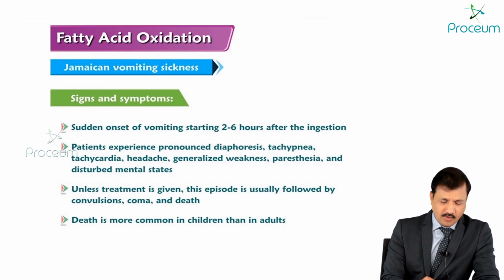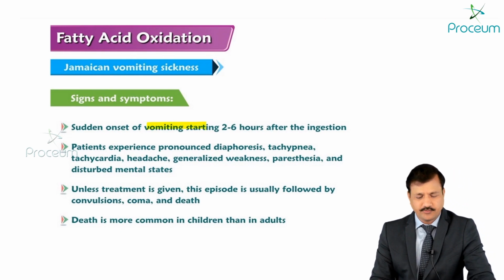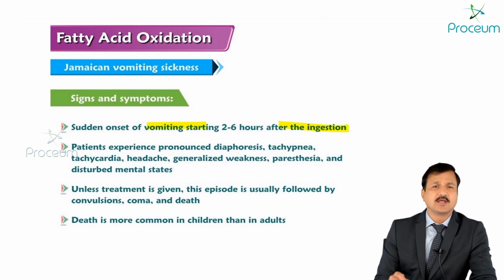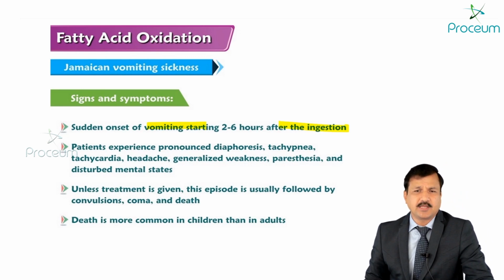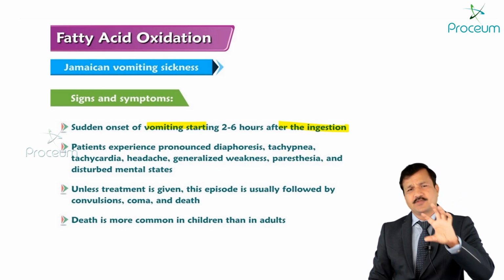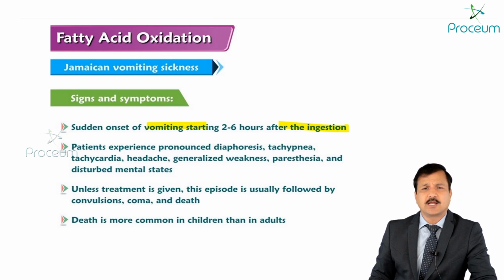Sudden onset of vomiting will start 2 to 6 hours after ingestion of an unripe ackee fruit dish, because other components of the unripe ackee fruit induce nausea and vomiting.